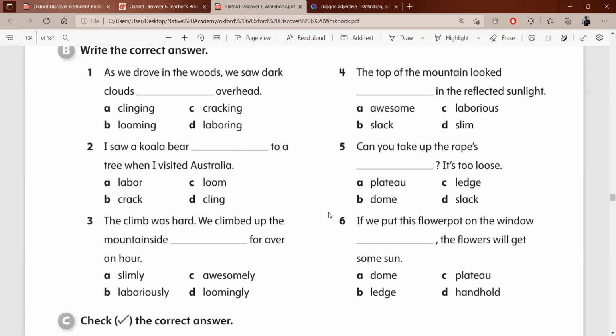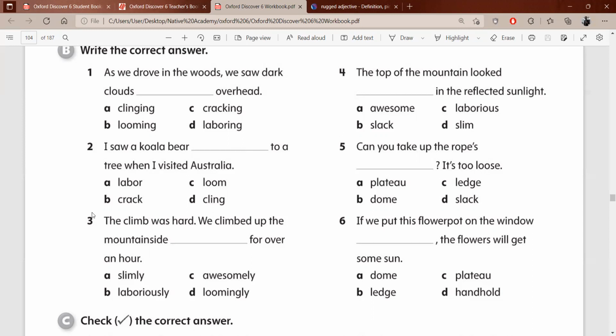To climb? No. You climb, okay? But cling means to hold something so tightly. So you are clinging to something. When you hold something tightly, you are clinging to it, okay?